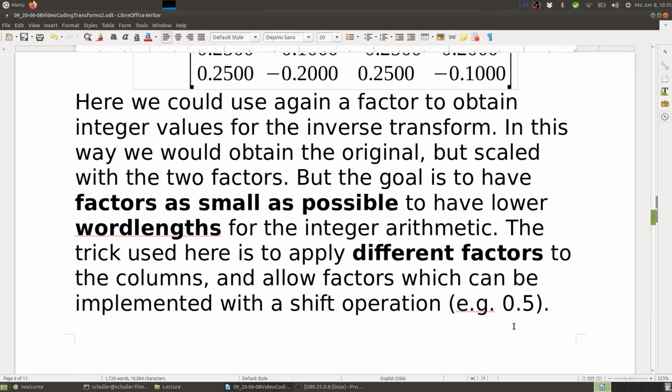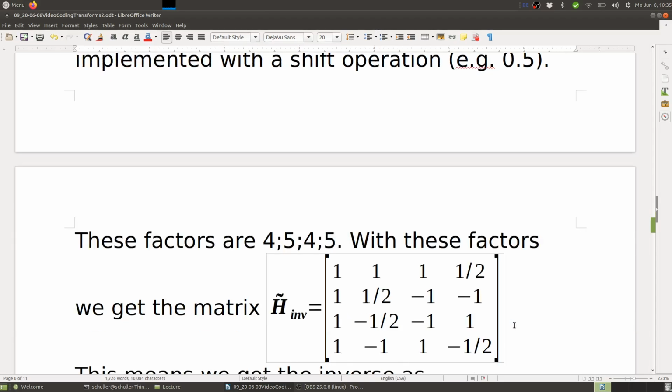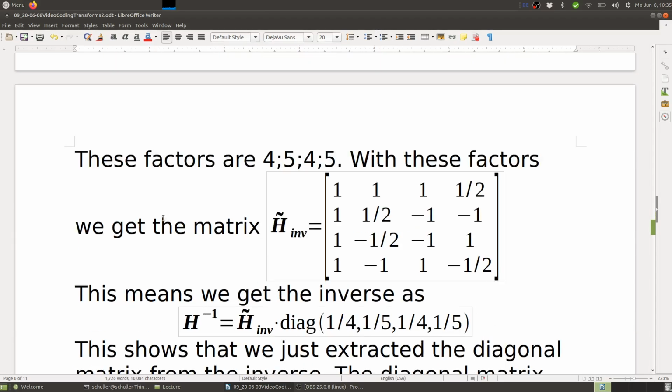Here factors 0.5. Yeah, and the factors used are 4, 5, 4, 5. So with these factors, we multiply those factors to each of those columns. We get this inverse, this modified inverse here.